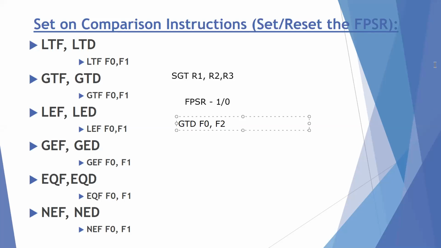Rohan Anand, unmute yourself. Yes, ma'am. How will this operate? If F0 and F1 is greater than F2, F3, then it will set FPSR to 1. Very good. Next one. Less than equal to floating. Raghav Bansal, unmute yourself.